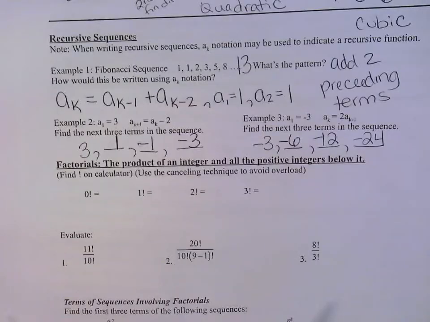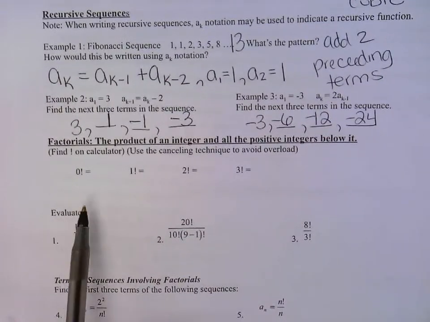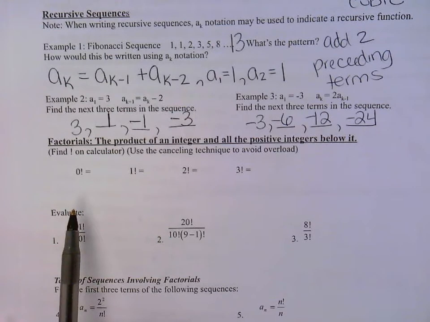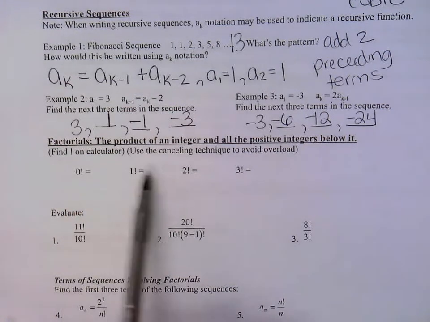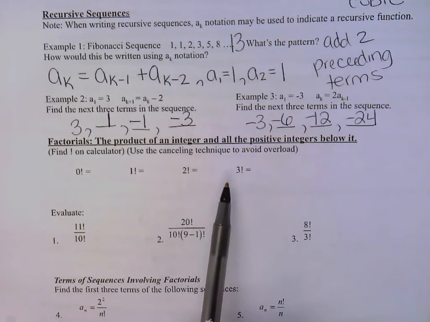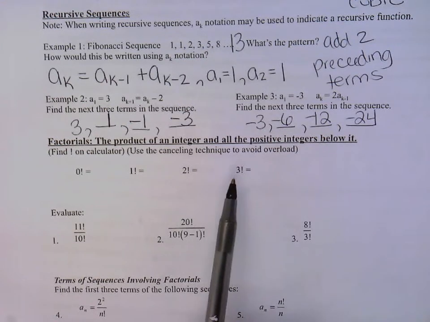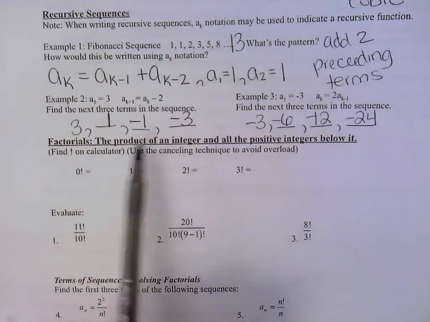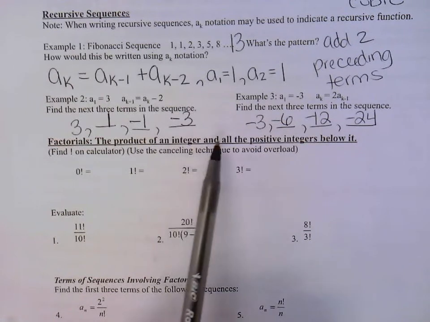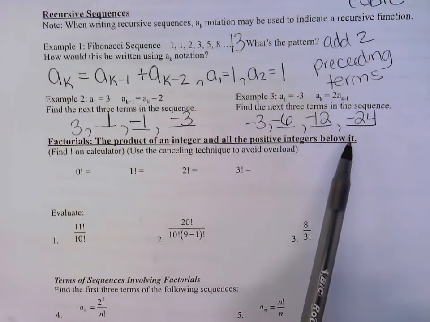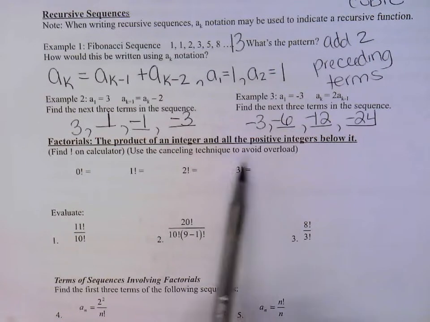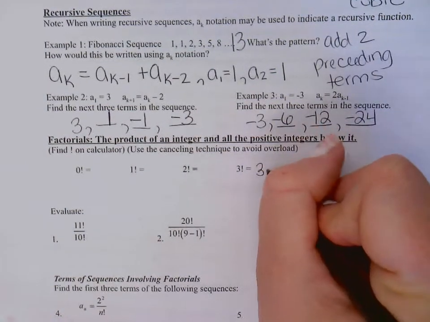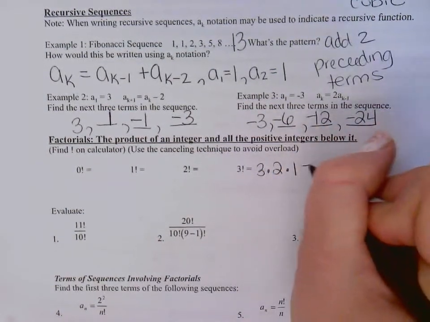All right, factorials. People in stats, you've seen factorials this year. People that haven't taken stats might not recognize that this is an operation in mathematics. So all a factorial is, is the product of an integer and all the positive integers below it. So if I start with 3 factorial, that's 3 times 2 times 1, which equals 6.